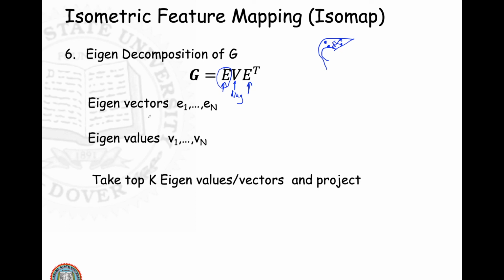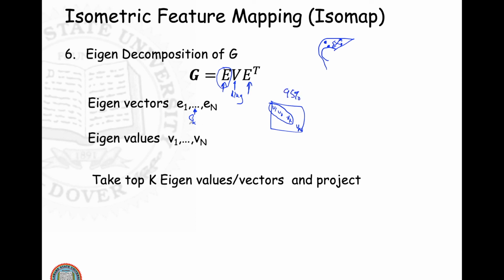And so we're left with a set of eigenvectors, big N of them, but we don't need all N of them. We're going to choose some K of them, and the K that we choose are going to be those K eigenvectors associated with the K biggest diagonal terms. So we're going to have V1, V2 along the diagonals up to Vn, and there's going to be some Vk such that the variability in our data set is explained by a significant amount, typically 95%.